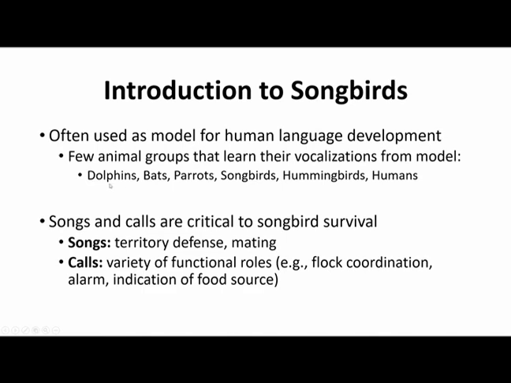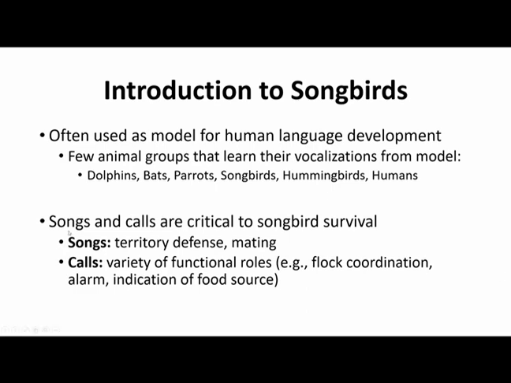So it might not be quite as rare as what we initially thought, but it's very cool research to follow. But this parallel with how songbirds acquire their vocalizations and how humans acquire language has made songbirds a really great model to study to understand how humans might be learning language.